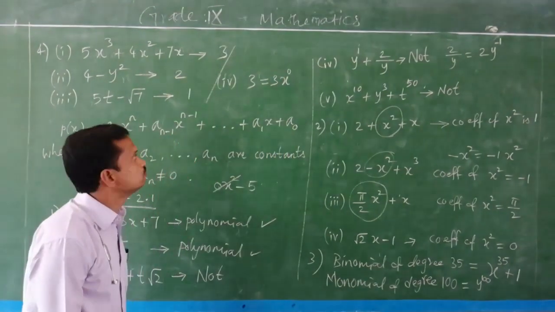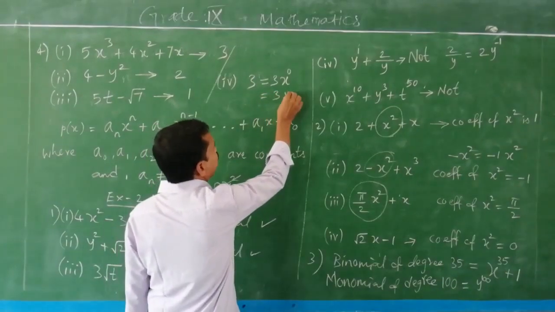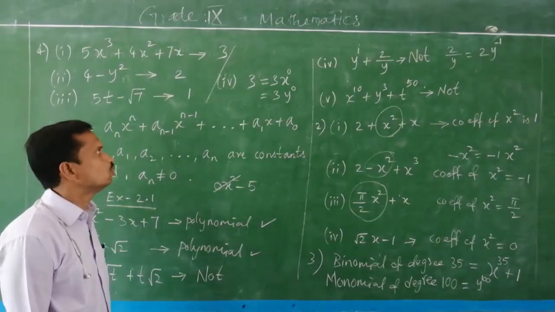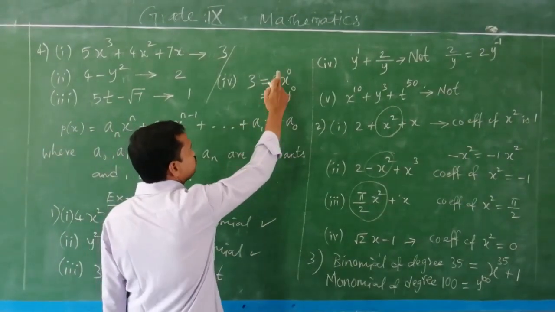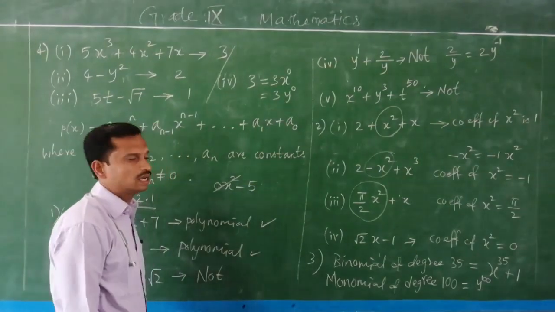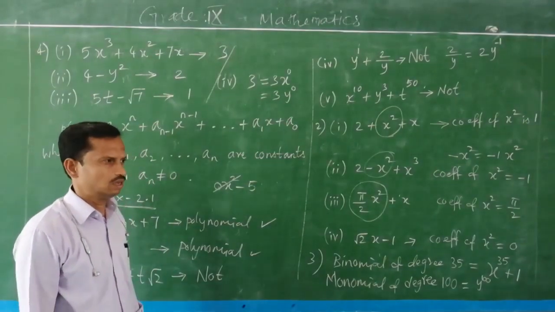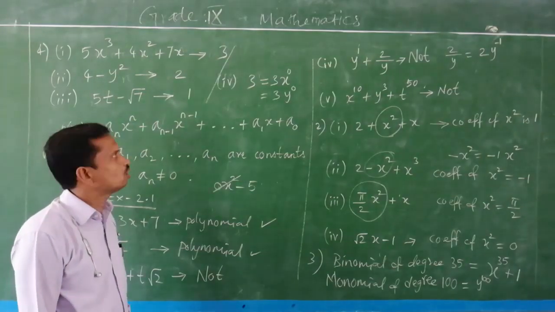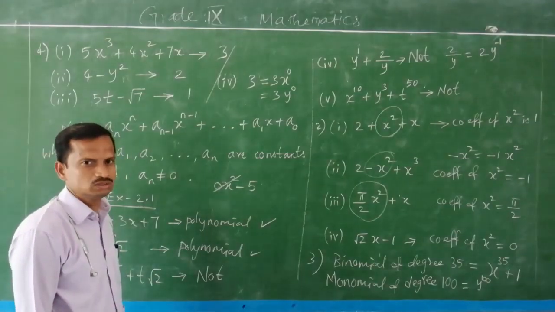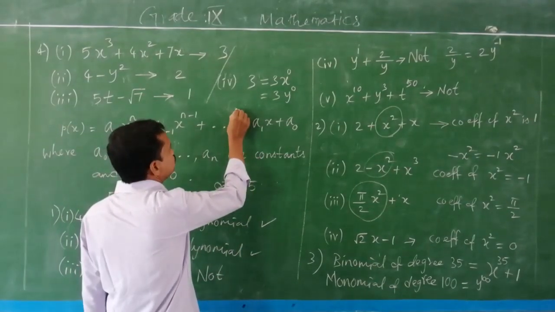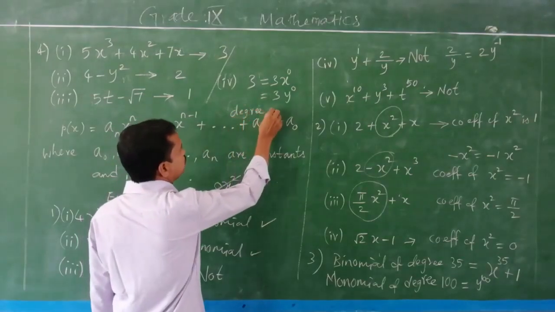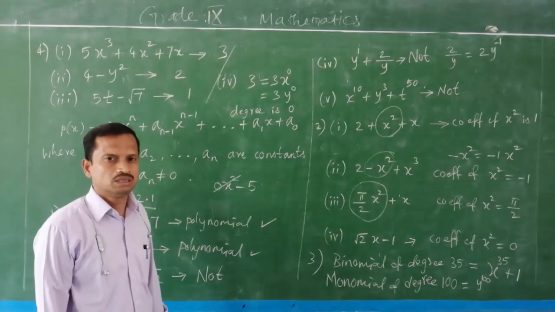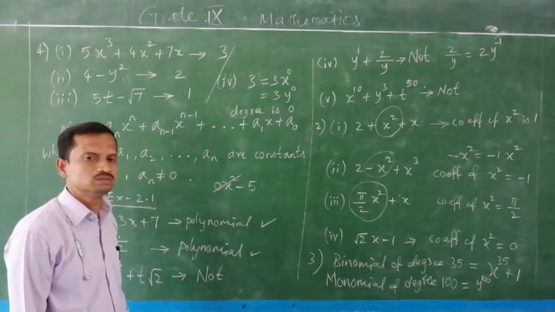You can put any variable, for example 3 into y power 0, but that exponent should be 0. So the degree of the fourth option is 0.